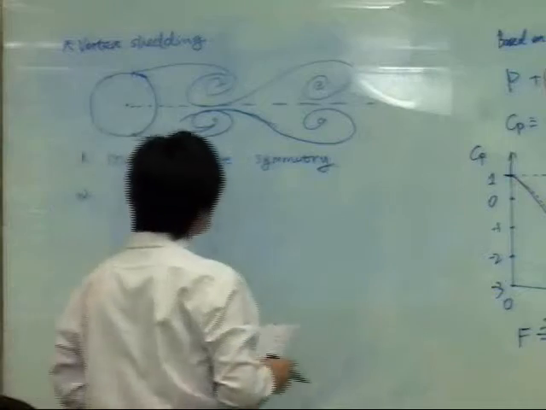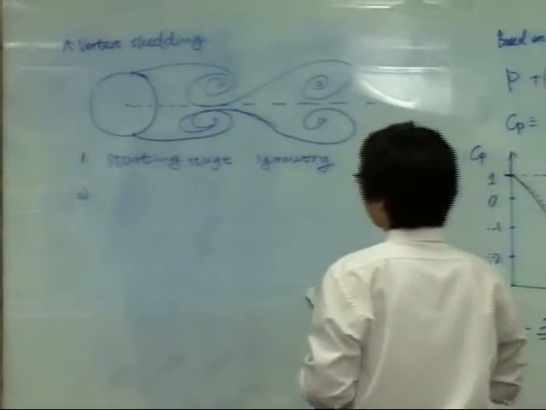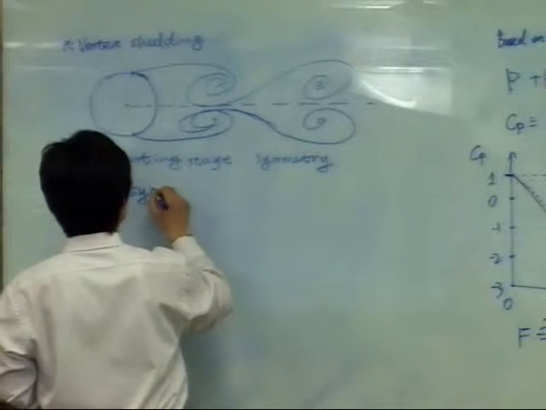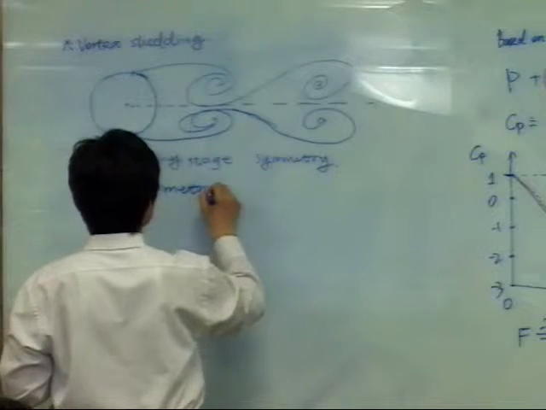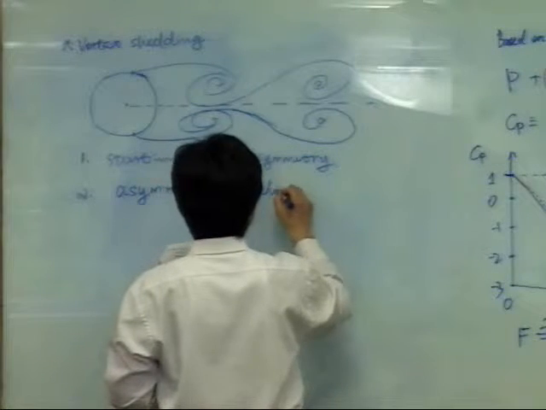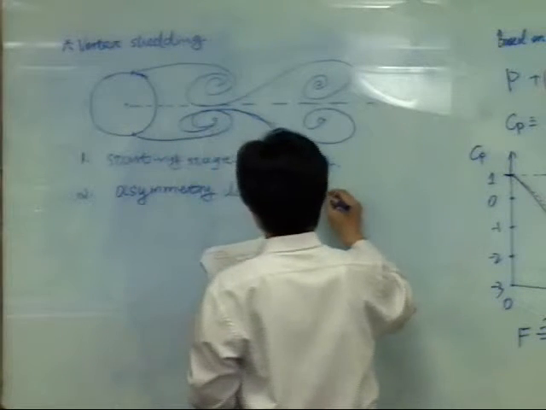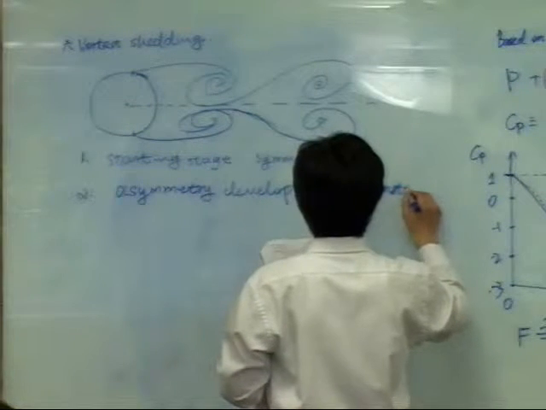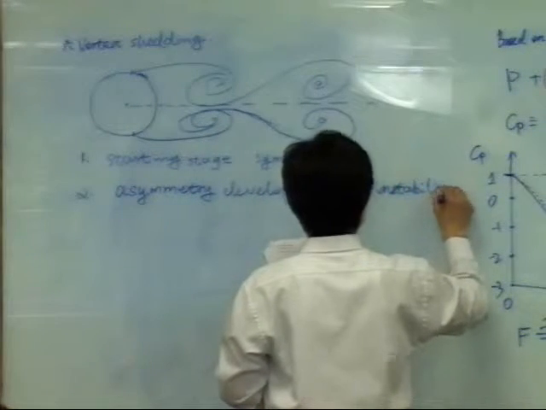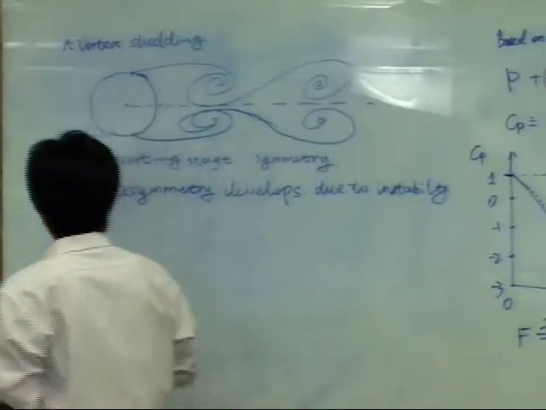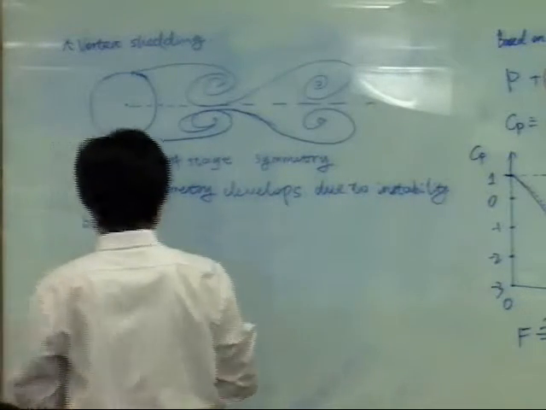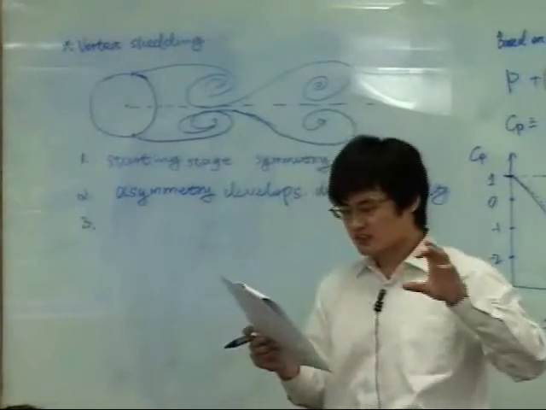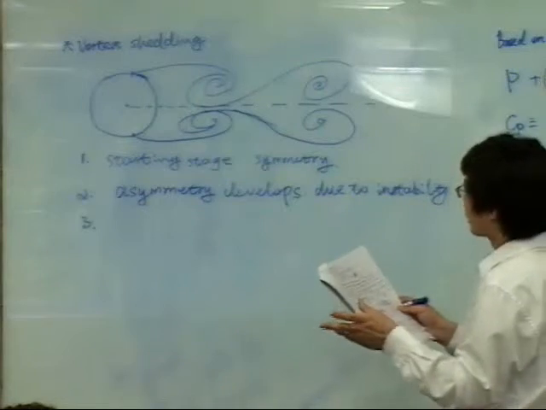However, due to instability, asymmetry develops. So the consequence of this asymmetry is that the vortices are alternatively shed from each side of the cylinder.